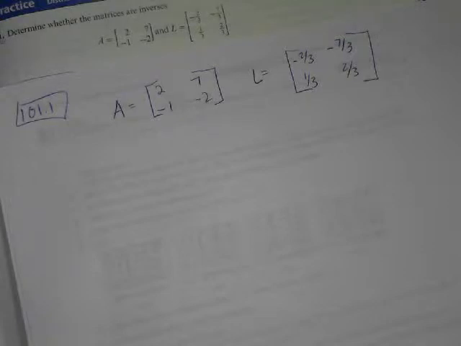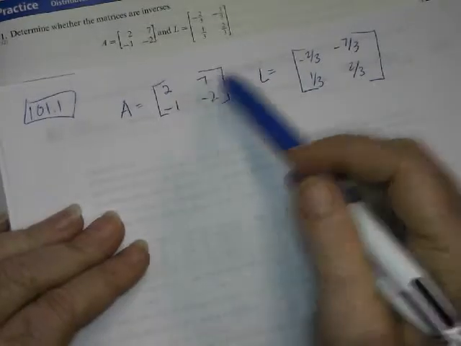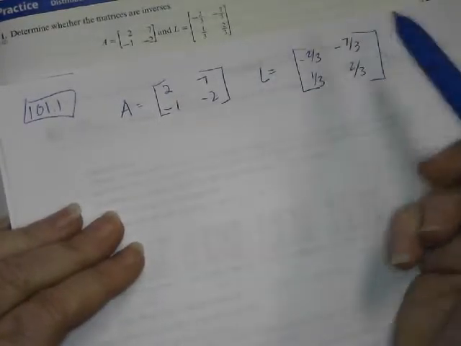For number 1, it wants us to determine whether the matrices are inverses. I don't know if any of you remember any of this, but when something's an inverse of something else, it means it undoes it.